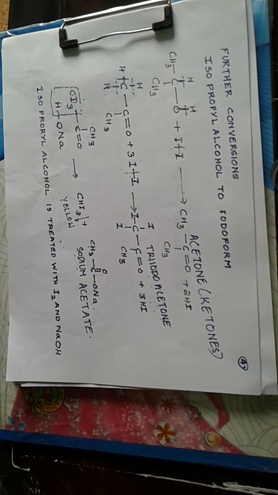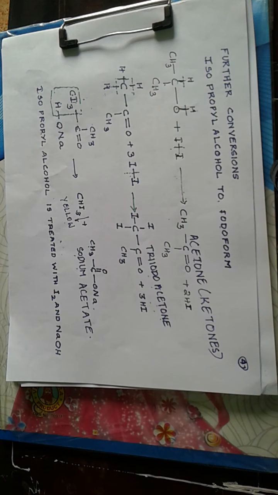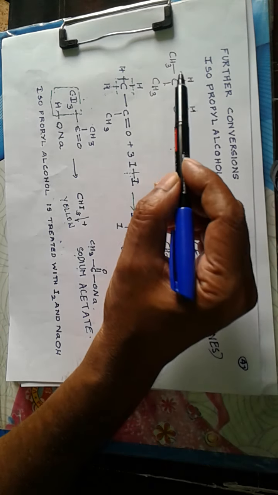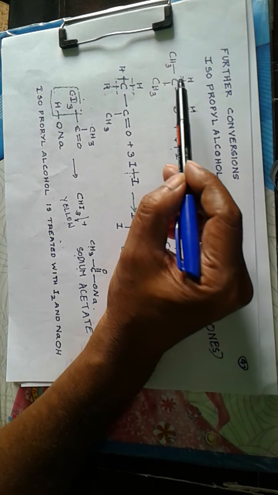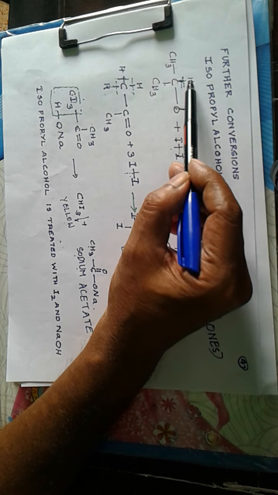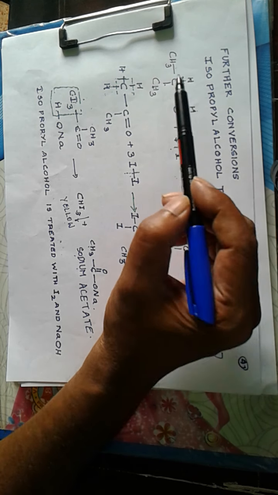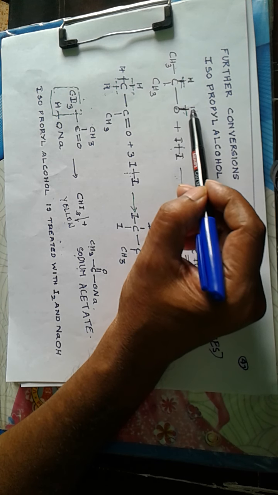Now coming to some more conversion reactions, that is isopropyl alcohol to iodoform. Isopropyl alcohol is CH3CHOHCH3. Now the CH bond here breaks, a valency is created over this carbon and a valency over this hydrogen. Then the OH bond breaks, valency over oxygen and valency over hydrogen.